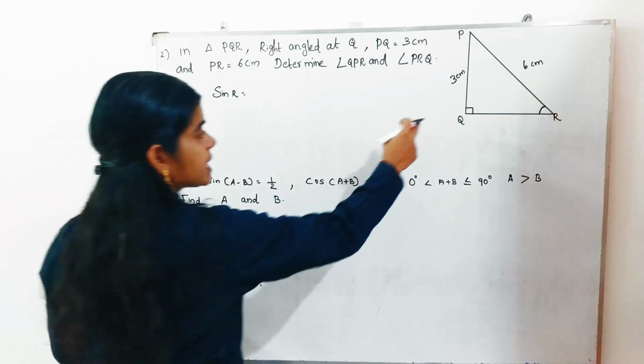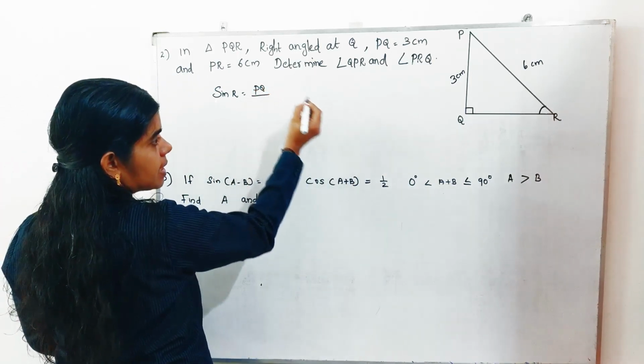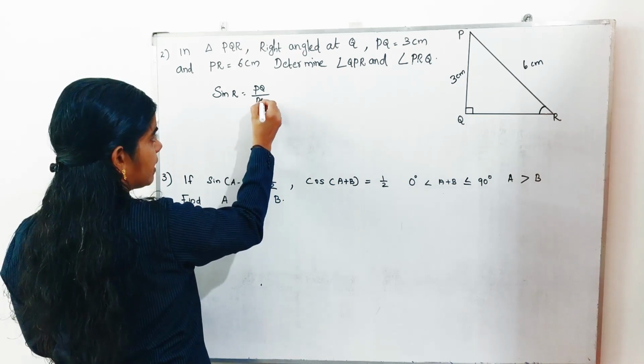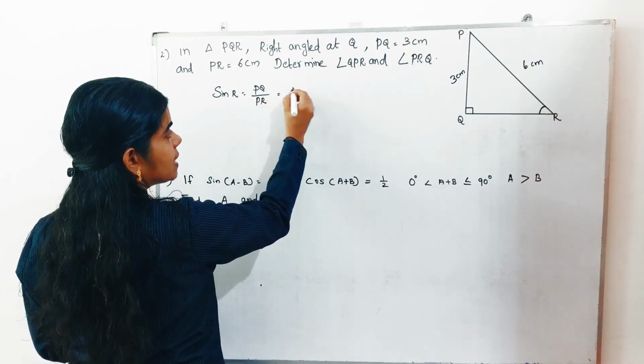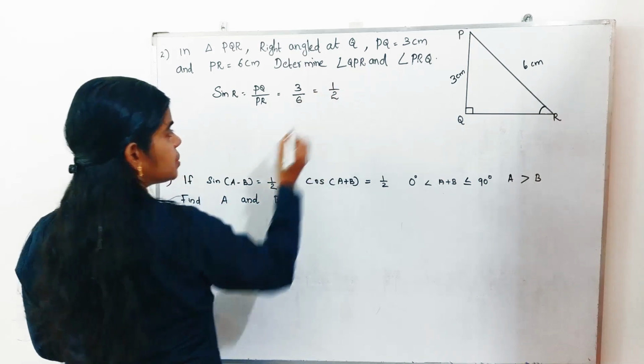What is the opposite side here? PQ, by hypotenuse means PR. What is PQ's value? 3 by 6. That is equal to 1 by 2.